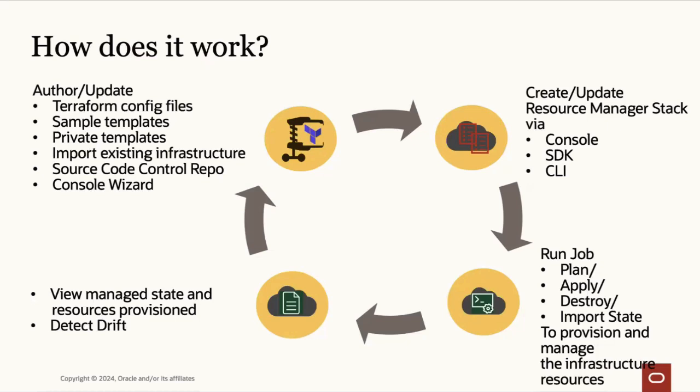So it's really important to keep track of, especially when you have multiple people running multiple Terraform jobs. It can get messy to have the most updated or most recent Terraform state file. So the great thing about Resource Manager is it will maintain, generate and update those state files automatically for you every time you run an apply or a destroy job.